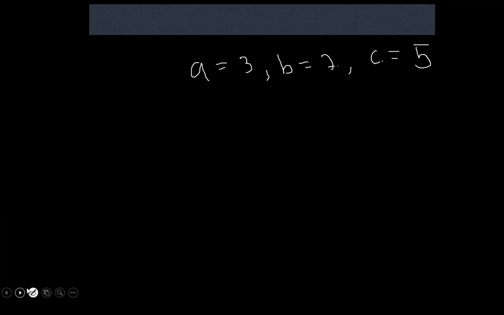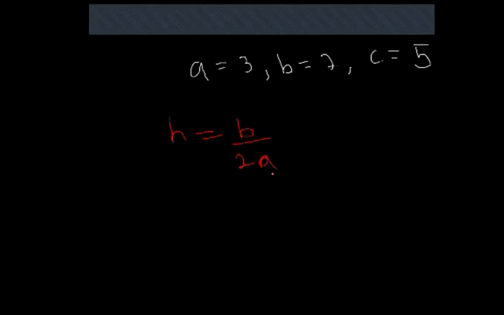What formula do I know for h? Well, I know that h is equal to b on 2a. And to find h, all I have to do is substitute these values into my equation. So the formula says h is equal to b divided by 2a.